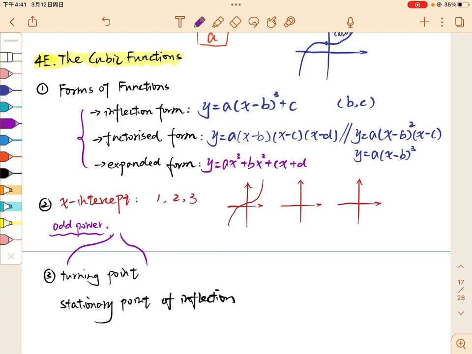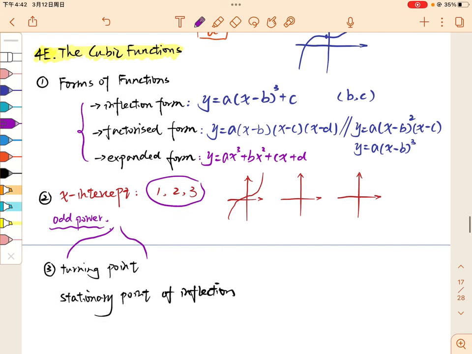So for our cubic function, there will be 1 or 2 or 3 x-intercepts, and we are just going to draw the cases for them.